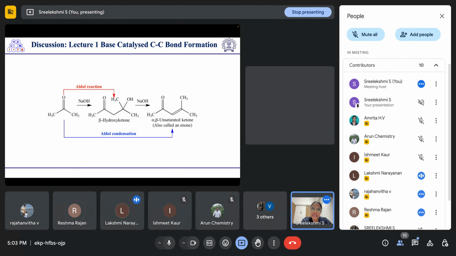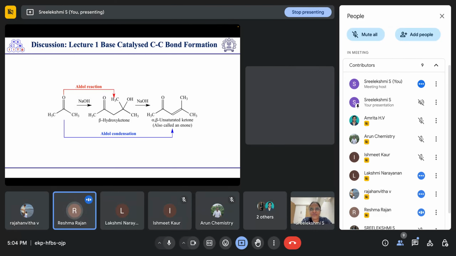Then the enolate that gets formed should get quenched with some electrophile, right? That is the basic aldol reaction. It's not easy to remember. Once we are used to solving these questions, automatically we will remember the names. Practicing helps in remembering them.